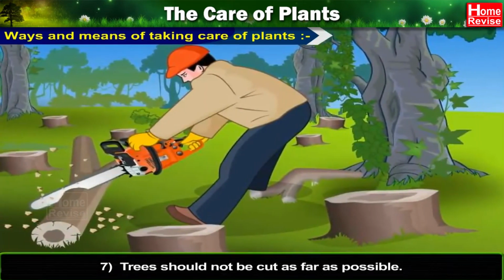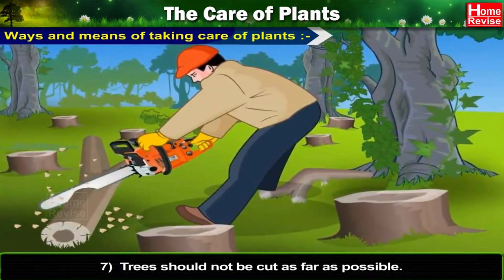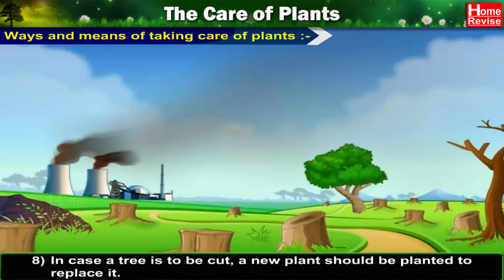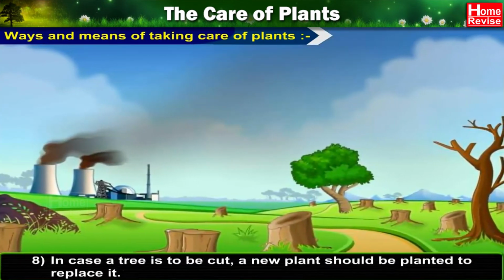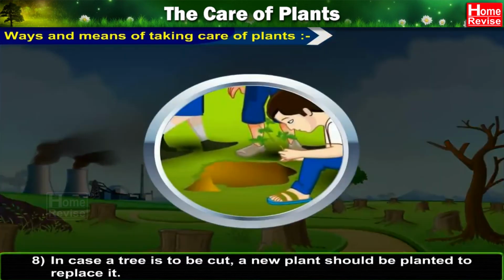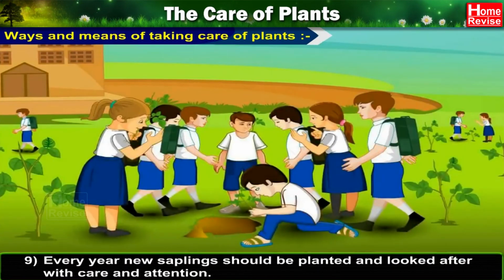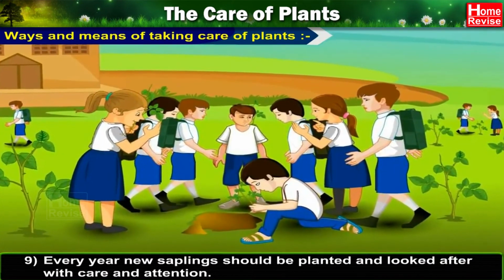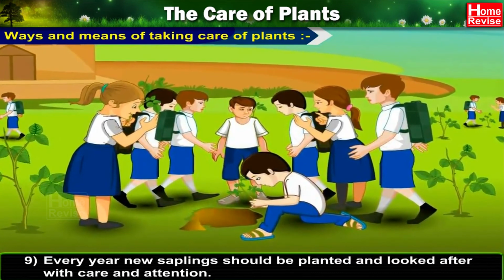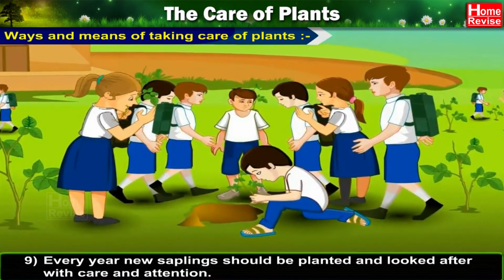Trees should not be cut as far as possible. 8. In case a tree is to be cut, a new plant should be planted to replace it. 9. Every year, new saplings should be planted and looked after with care and attention.